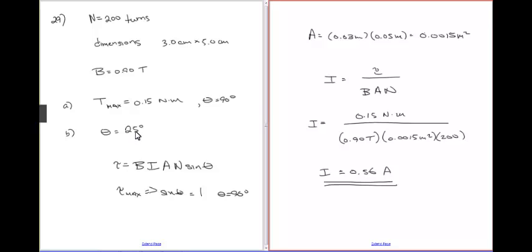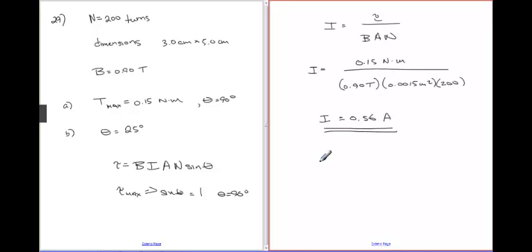So that's part A. Part B says what will be the torque if the angle is 25 degrees. So all we have to do is take the maximum torque of 0.15 Newton meters, and we just multiply by the sine of theta.